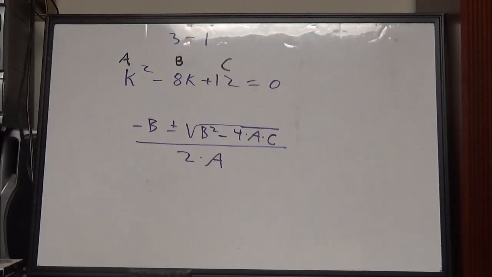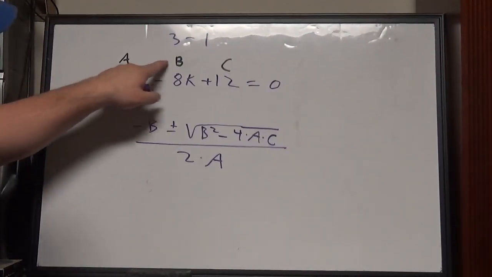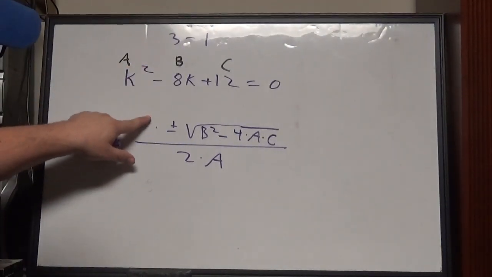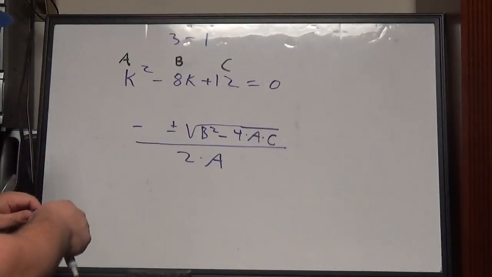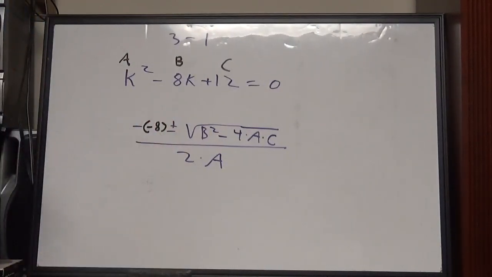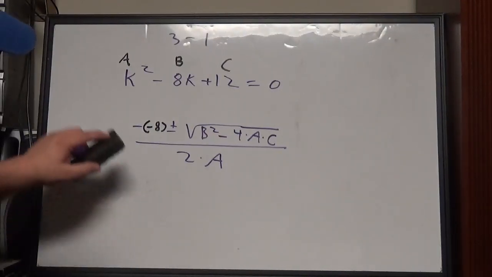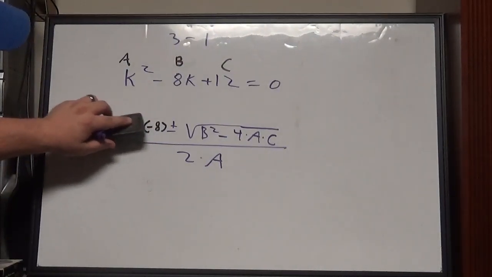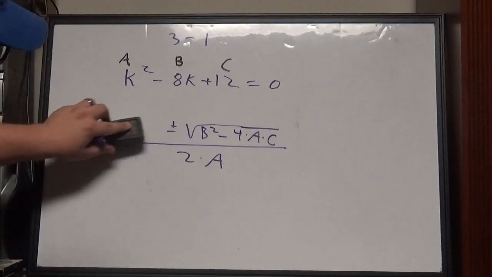Okay, what we do now is take the a, b, and c values. Anytime we see a b, we put in -8. Something I want to be clear on: when you see a negative, it becomes positive.